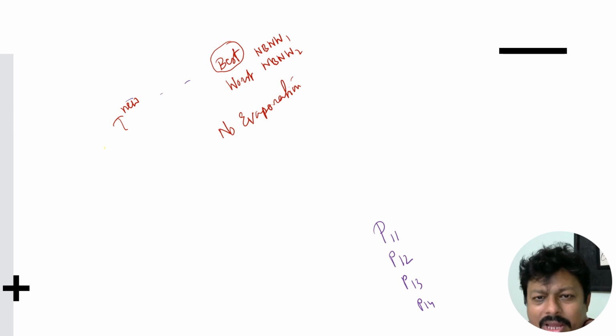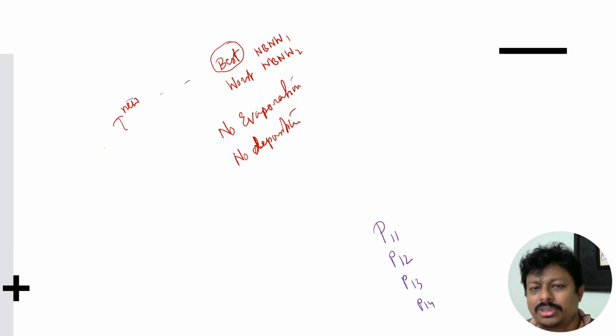But for the worst path or the other path there will be evaporation, but for the worst path, what will happen? There will be no deposition of pheromones, so that the worst path becomes worst and the best path remains as best.